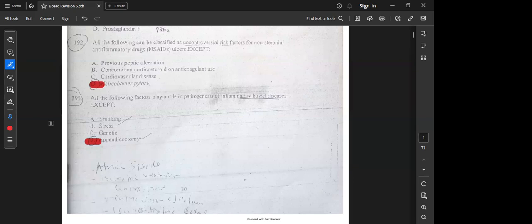Then we have other drug classes such as aminosalicylates. Here we have drugs like 5-aminosalicylate, 5-ASA, and mesalamine. These mainly act on the inflammation. Then we also have the corticosteroids.